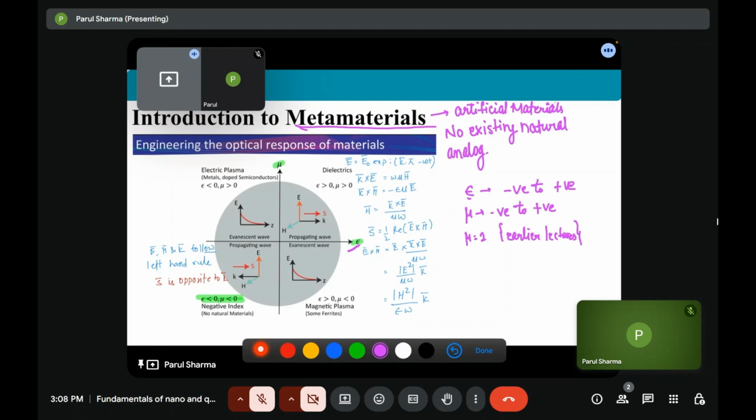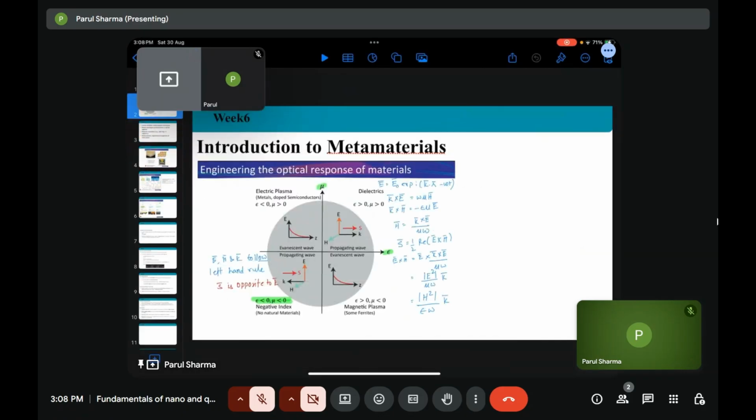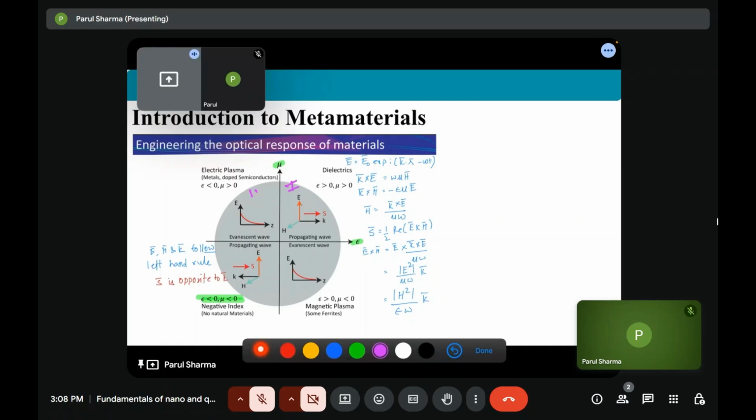If you look at the first quadrant, we have dielectrics, where permittivity and permeability are both positive.